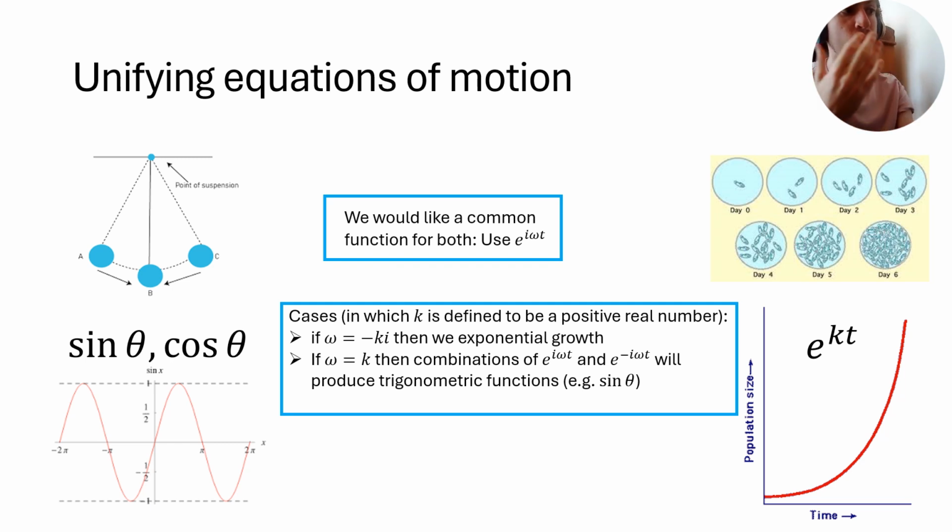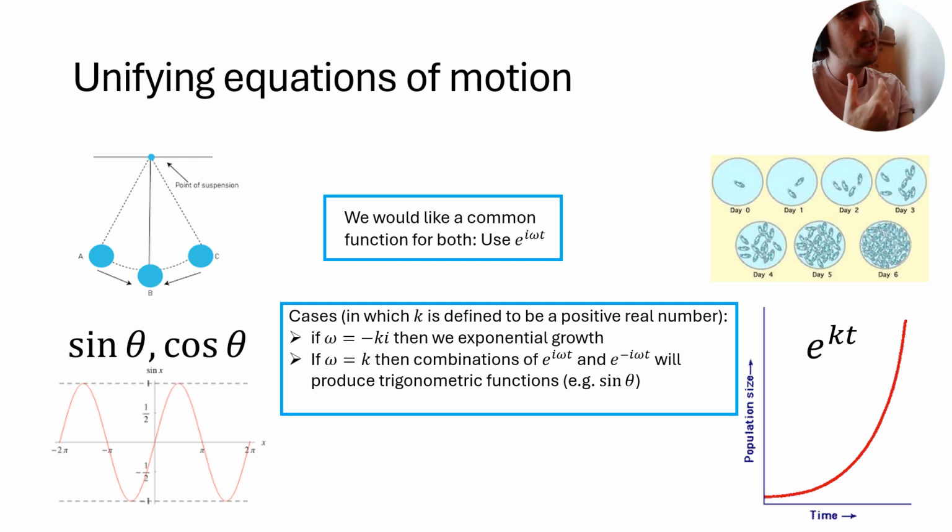In other words, e to the i omega t, this kind of function in the complex plane, can describe exponential growth, a real function, describing a very real process.